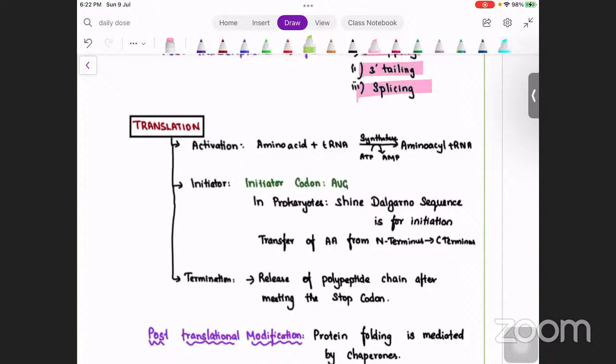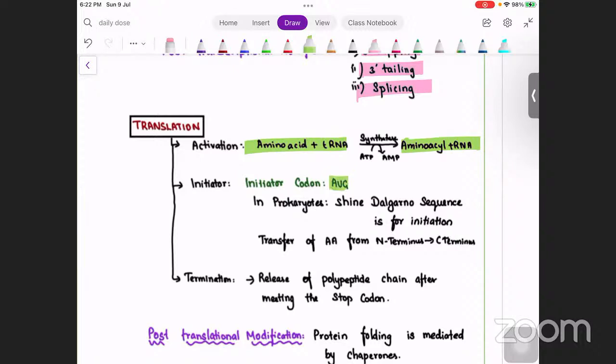Apart from that, translation. Activation is done by combining an amino acid with the tRNA on the amino acid arm, and then the synthetase enzyme will combine the amino acid with the tRNA and convert that into aminoacyl tRNA. Initiation is done by the initiator codon AUG, which codes for methionine.